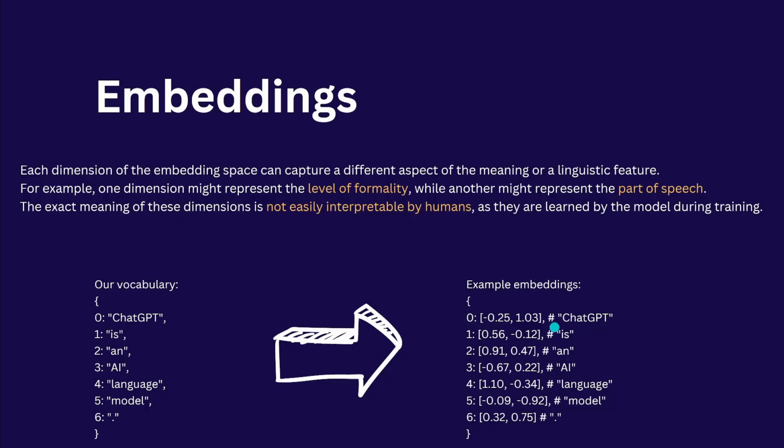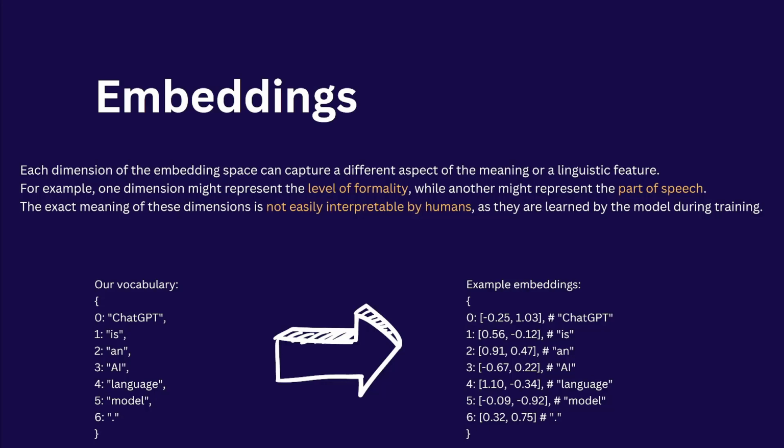So what do these numbers mean? This is a very good question. The numbers in the embeddings are continuous values. So they represent each token in a multi-dimensional space. These values are generated by the model during the training process, and they help the model understand the relationships and similarities between different tokens.